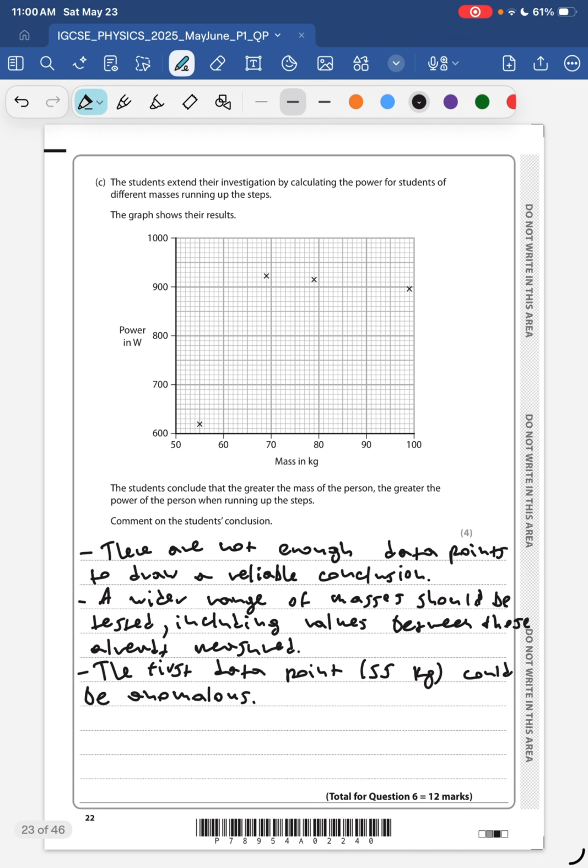You can kind of draw a straight line there to fit the data. So it seems like it's independent of mass, actually. So yeah, that's another problem.